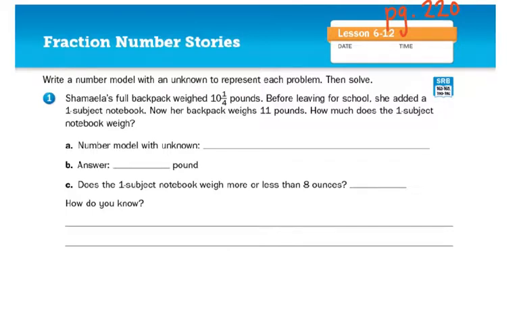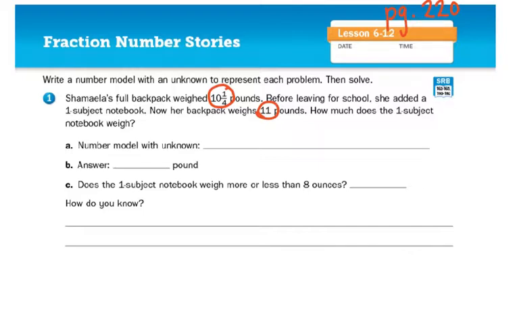Number 1. Shamila's full backpack weighs 10 1/4 pounds. Before leaving for school, she added a 1-subject notebook, and now her backpack weighs 11 pounds. How much does the 1-subject notebook weigh?